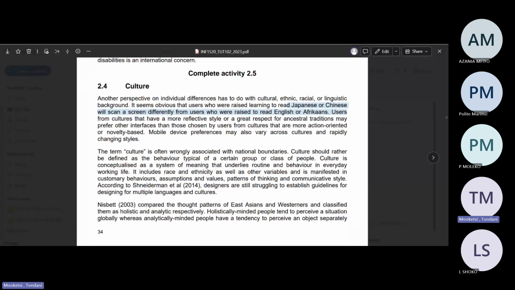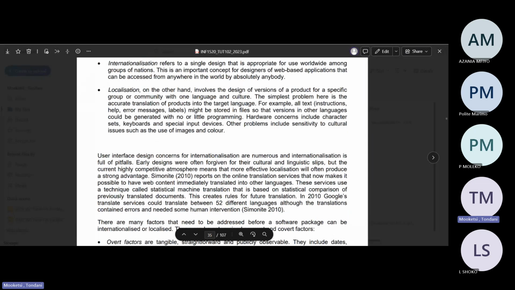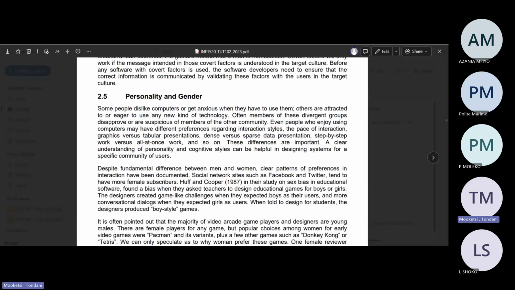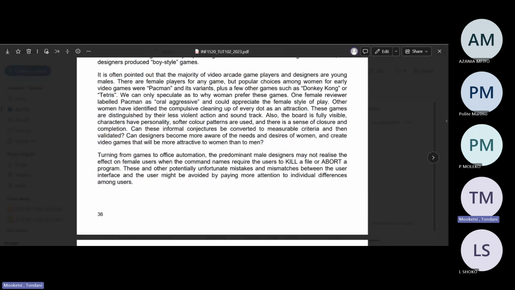So users from different cultures perceive interfaces differently. And then you can go read about that. Personality and gender is another one that they can ask about.